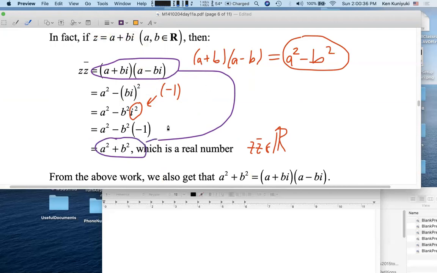This is factoring. So for the first time, we're able to get a factoring rule for the sum of two squares. We had a factoring rule for the difference of two squares. Here it was, when you look at this in reverse.